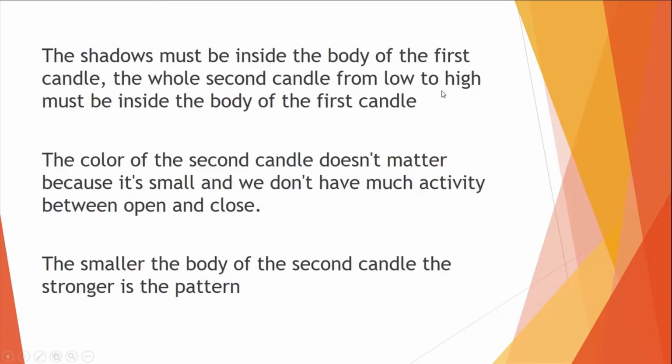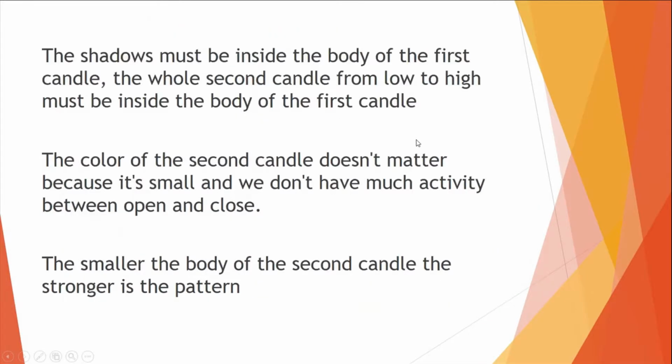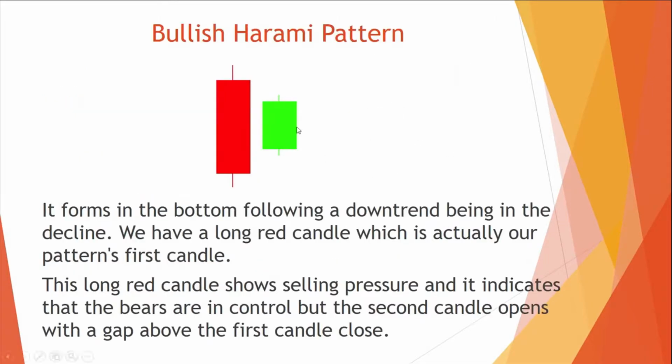The color of the second candle doesn't matter because it is small and we don't have much activity between the open and the close. The smaller the body of the second candle, the stronger the pattern. So if this body here is smaller, then the bullish Harami pattern is stronger.